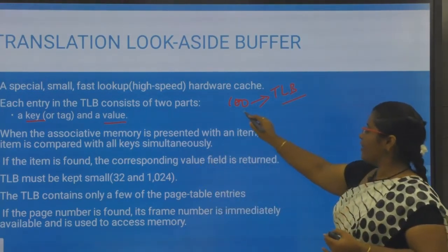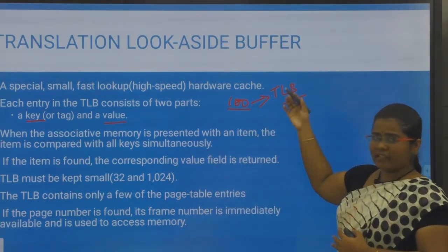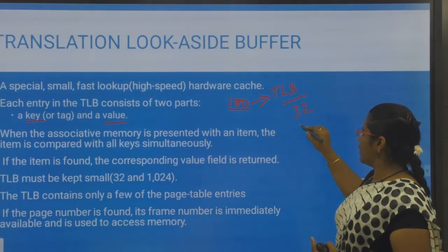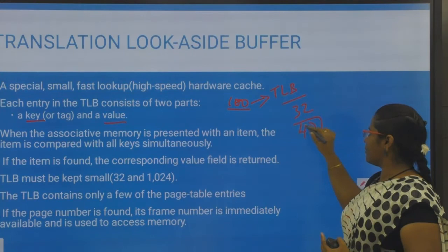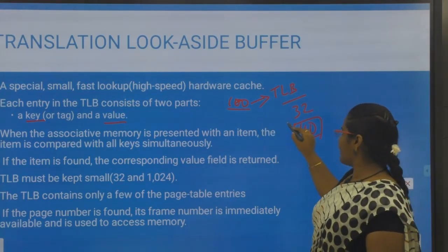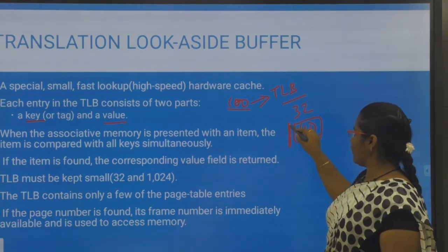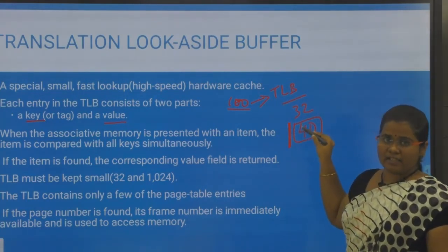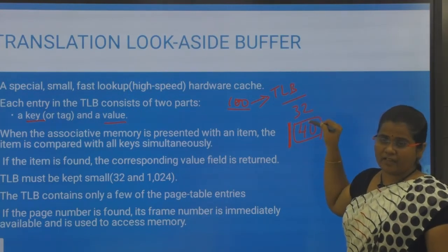So if I have 100 entries in my page table, my TLB will have, for example, some 32 or 40 page entries, so that for those 40 pages I can simply get the data from my register, that is the TLB.